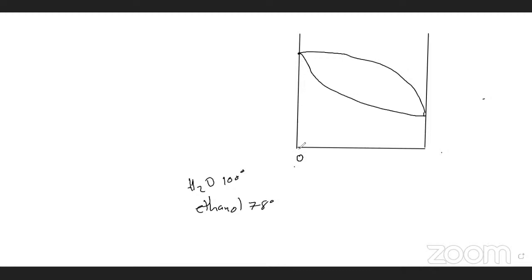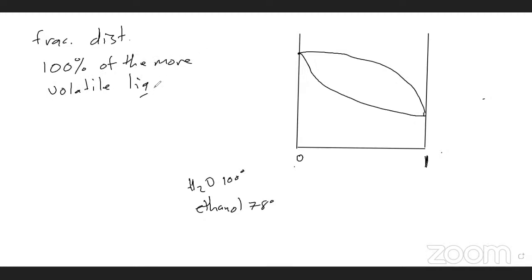How will you number it? Let's say we typically use 0 to 1. What you're trying to get, in fractional distillation, is 100% of the more volatile liquid. So the 0 here means that you have 0 ethanol.